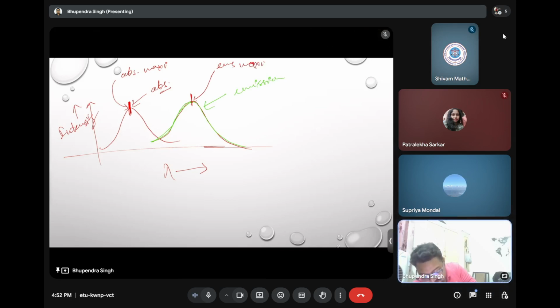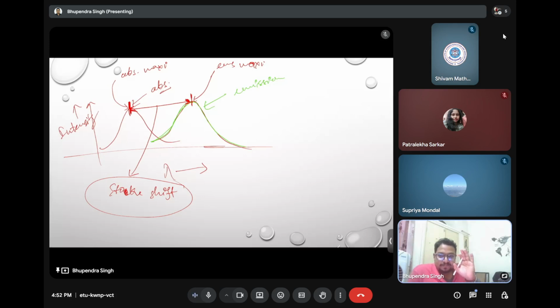The difference between these two, this difference, is called Stokes shift. This is Stokes shift. So the difference between the maxima is called Stokes shift.